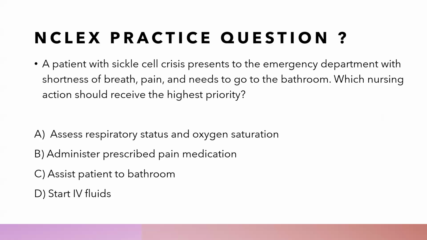It's not going to be starting IV fluids, or administering pain medicine. We need to assess the respiratory status. If you haven't guessed that by now, it's the ABCs, airway, so always assess. If they throw an answer at you that says check the status and oxygen saturation, you may want to look at that one as being a priority because it does fit the ABCs.